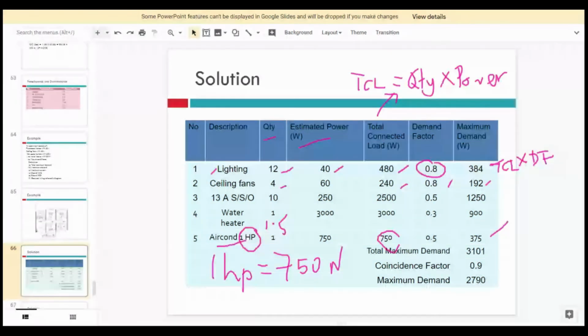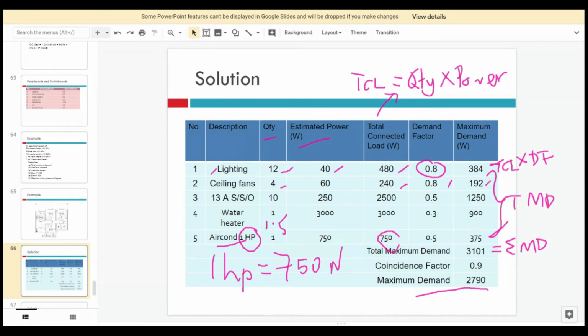So the total maximum demand is the summation of all the maximum demand for the electrical appliances. So all this you sum up, you get the total maximum demand. And then you have to find the maximum demand for this house: MD equals TMD times the coincident factor. This coincident factor, you have to refer to the book from TNB ESA.